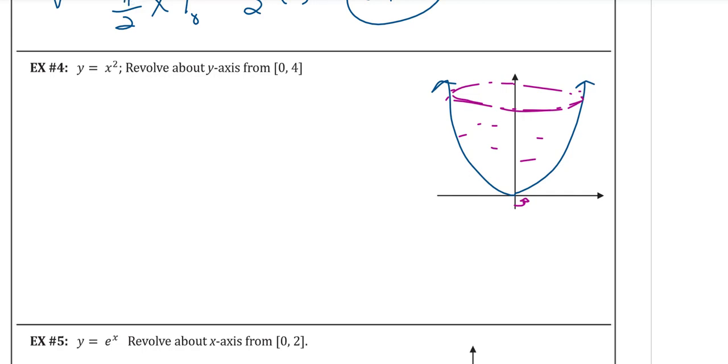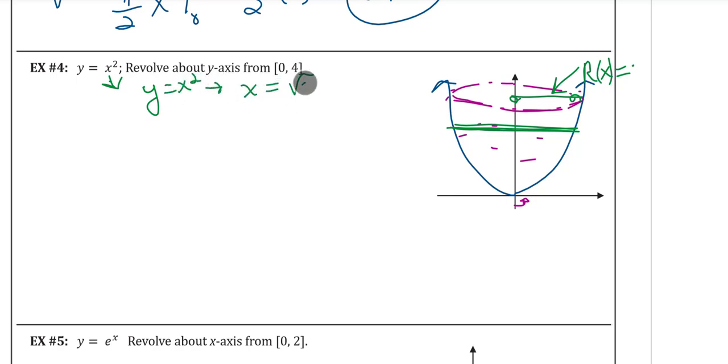And so now our R is here, from here to here. There's our R of y, because each of our little discs are going to be real skinny like this. And so our R is going to equal the equation of x. So if we solve this for x, Y equals x squared, so x is going to equal the square root of y.